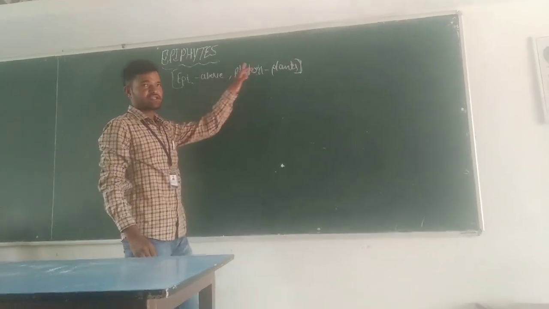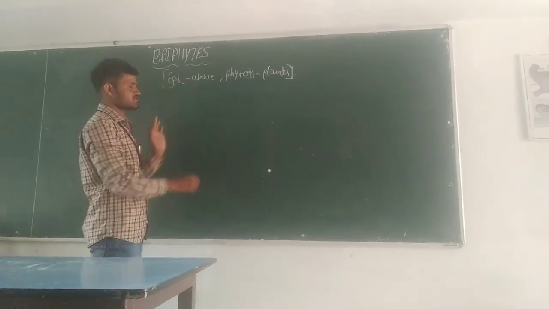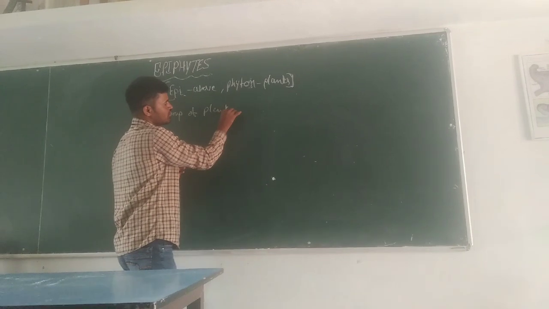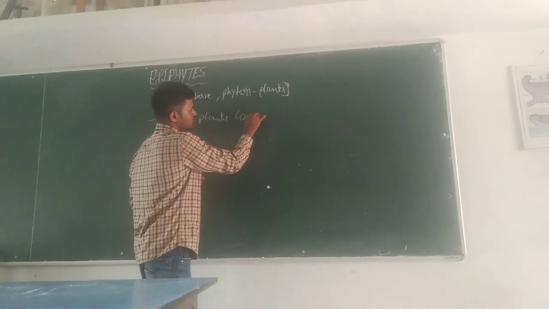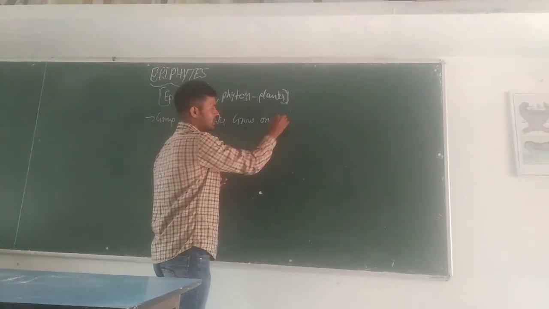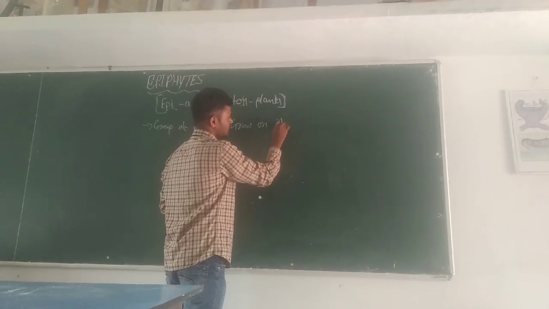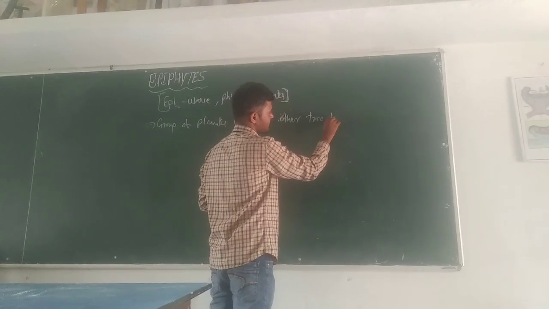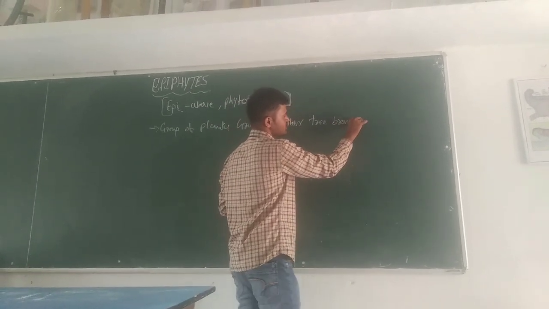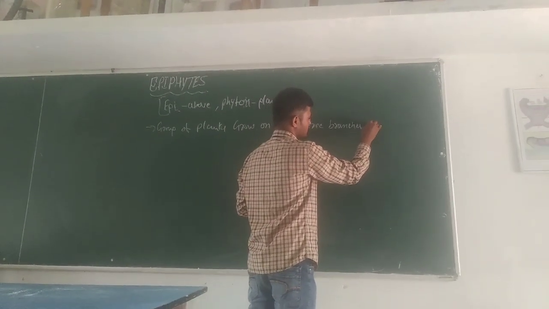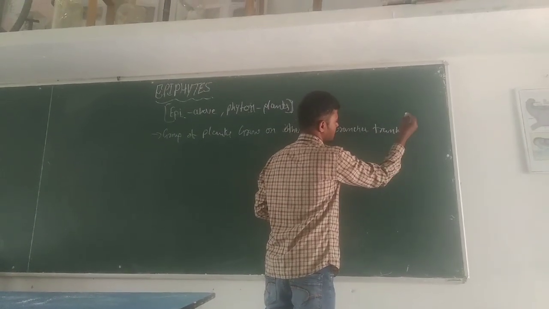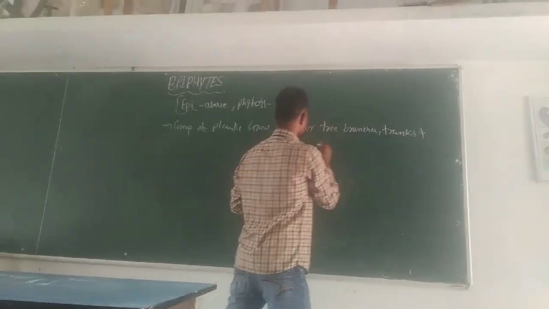Epiphytes are the group of plants that grow on other trees, on branches, trunks, and canopies.